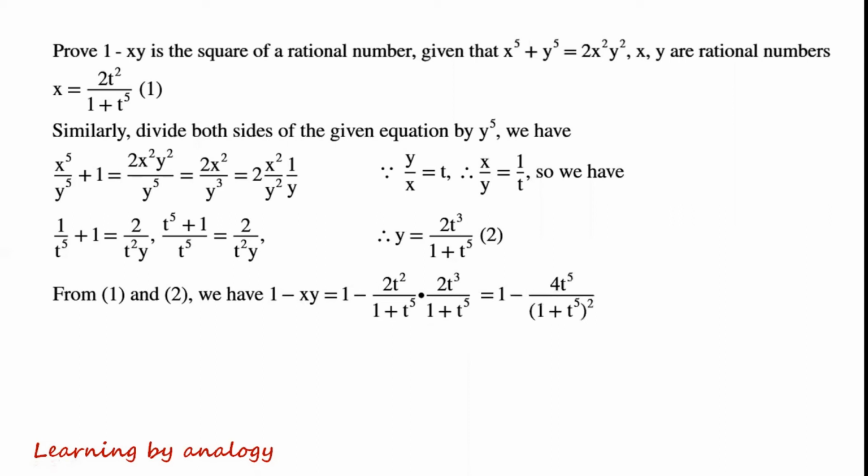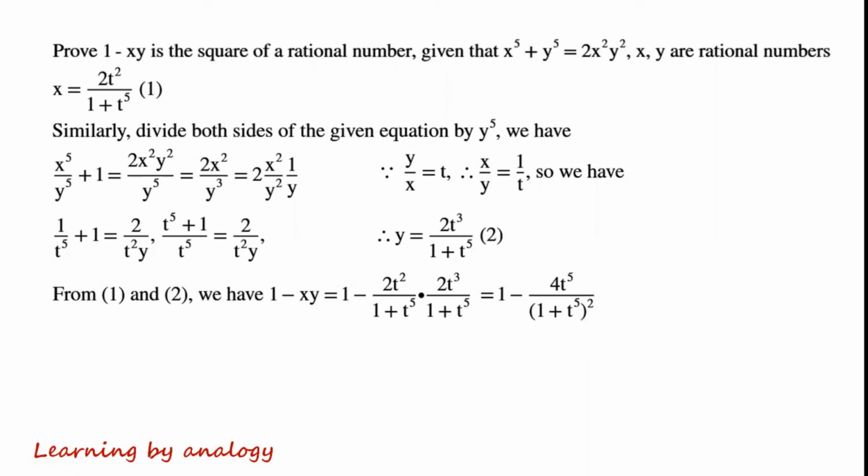Simplifying, we have 1 minus 4t to the power of 5 over 1 plus t to the power of 5 all squared.